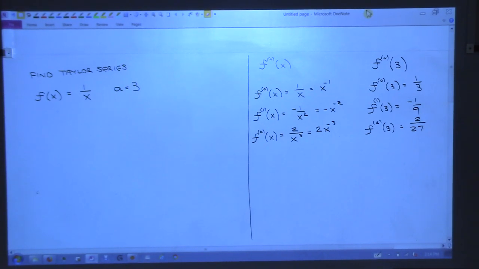Does anybody see the pattern yet? Okay, it's alternating. The bottoms are powers of 3. And there's a 2 here, there was a 1 here, there's a 1 here, there's a 2 here. What's my next numerator going to be?